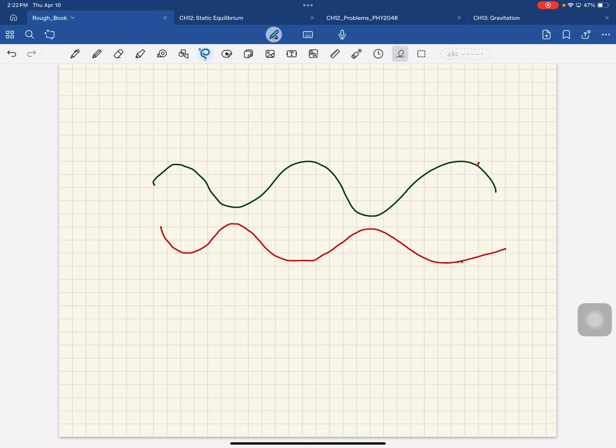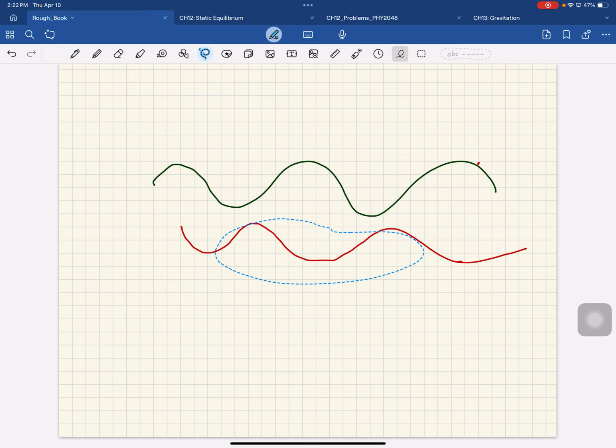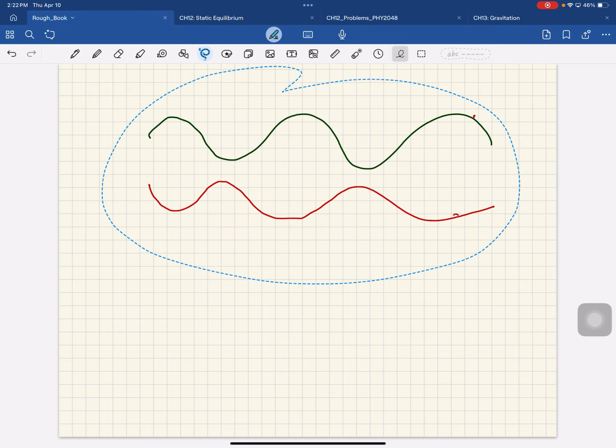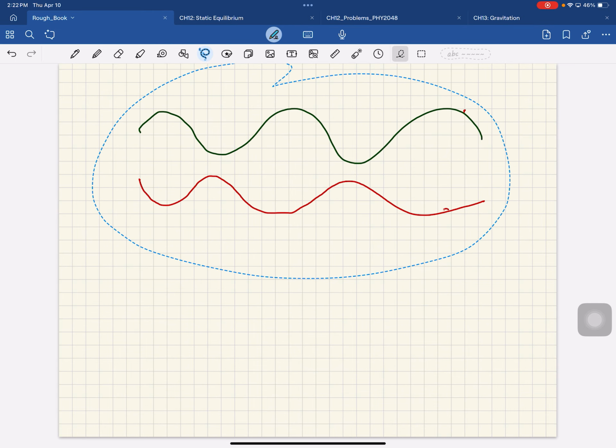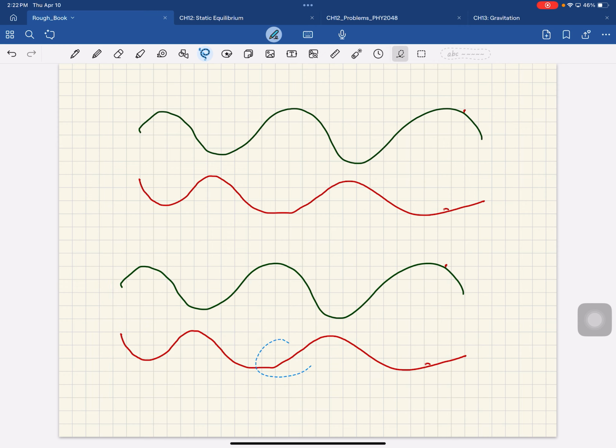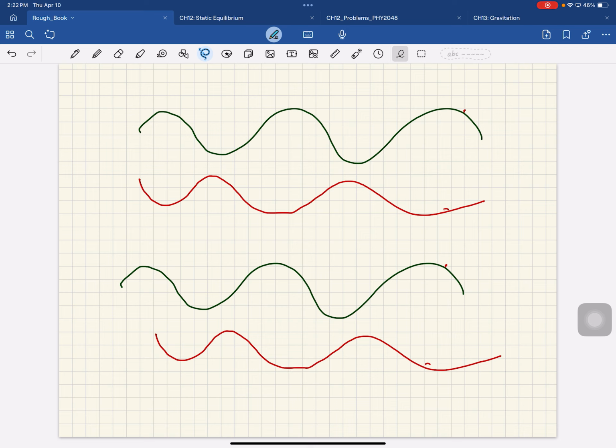Now, if this beam is slightly off, there will be light there. So this is dark, this is light.